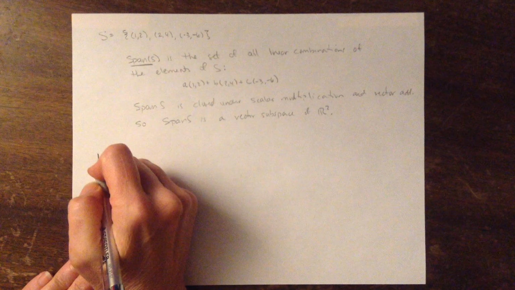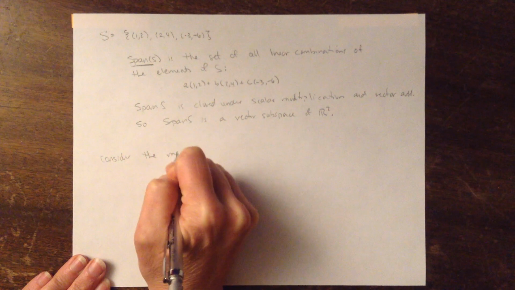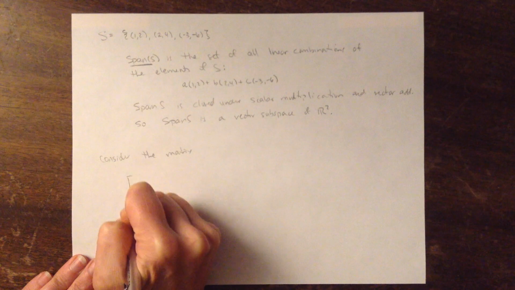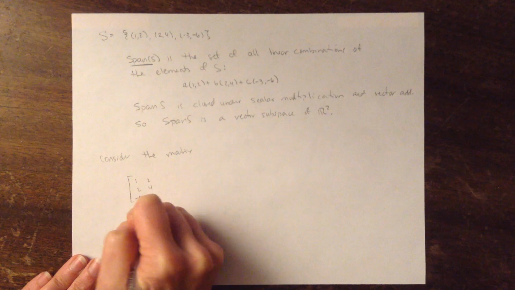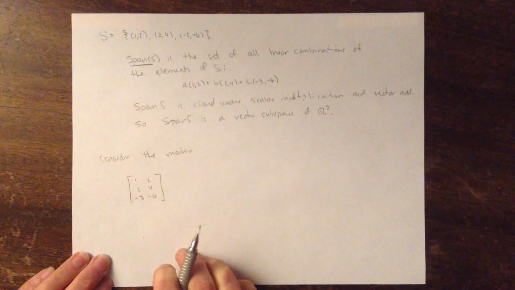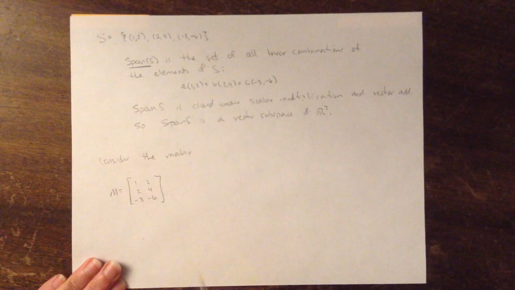Now if we look at the matrix whose rows are built from (1, 2), (2, 4), and (-3, -6). I'm going to call this matrix M for matrix.